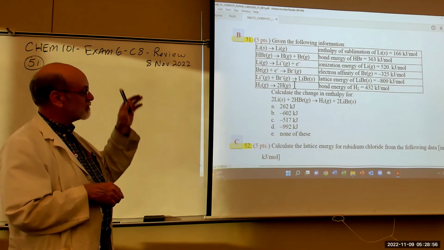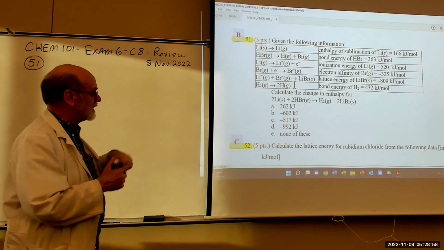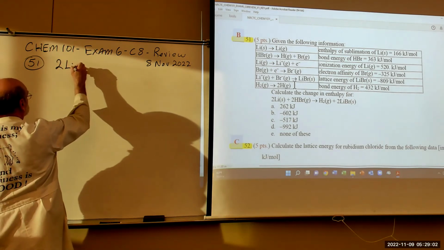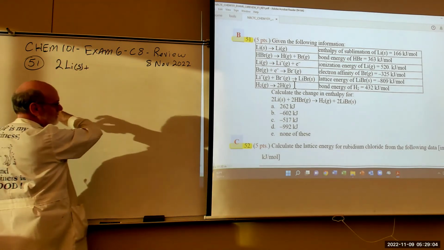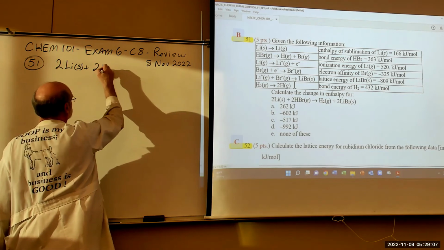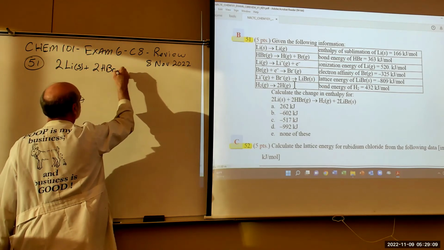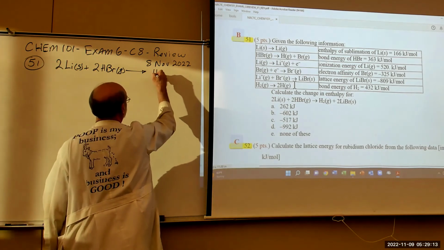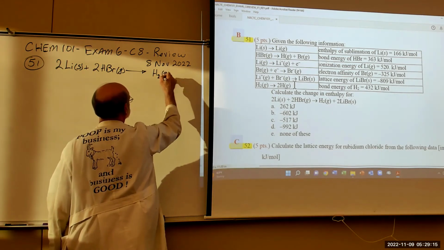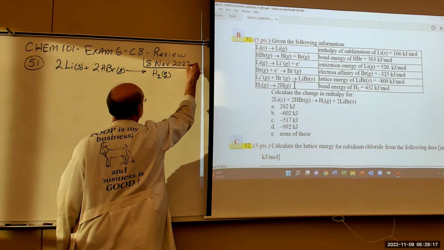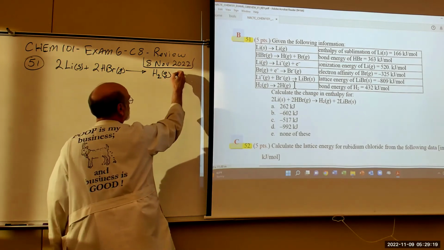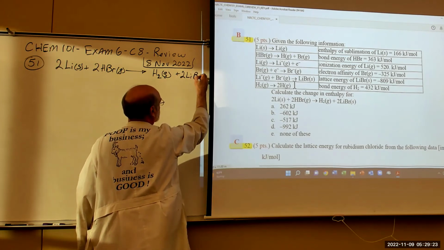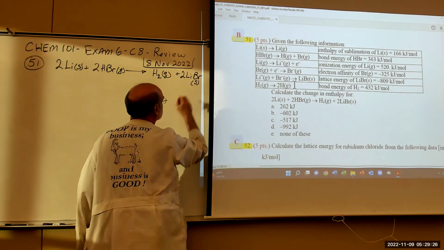In other words, we've got to combine those equations in such a way that we get this target equation. And 2 lithium bromide solid.